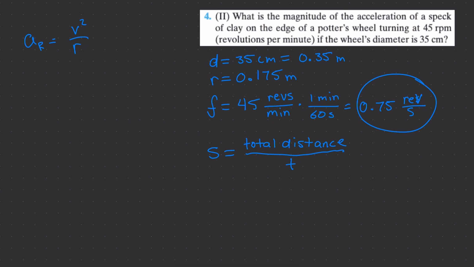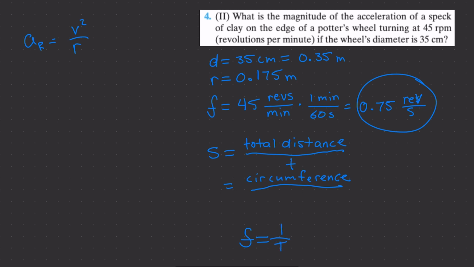And so I'm going to use this definition for average speed, and I'm going to say that if we took our total distance to be the circumference of our circular path, and I took my total time as the time that it takes to make one revolution, or the period, then I could remember that the relationship between frequency and period is that lowercase f is equal to 1 over that period.